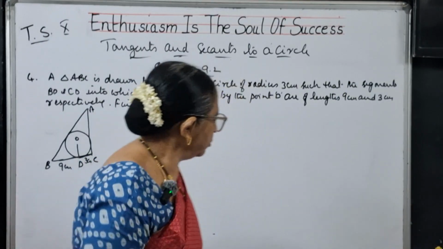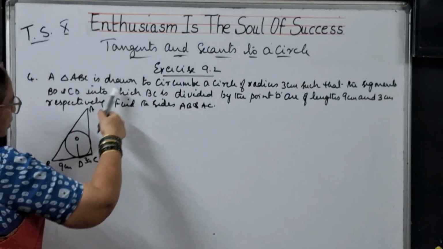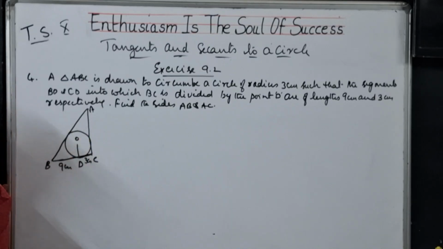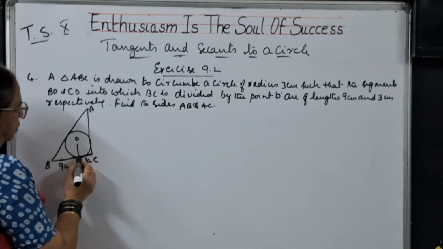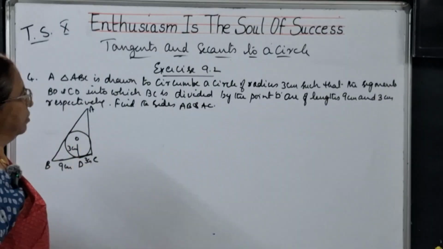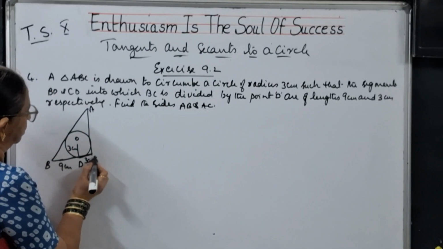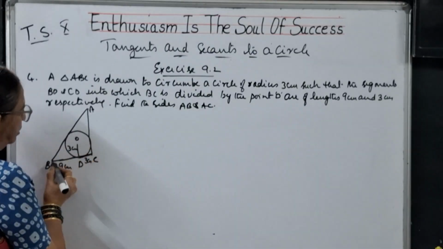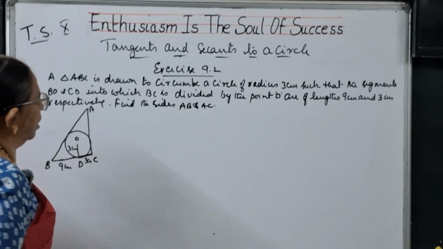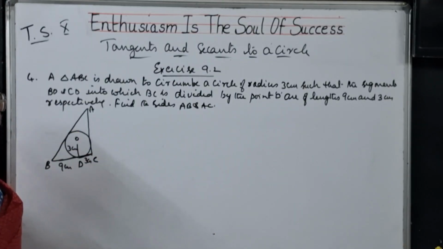Now let us see the fourth problem, children. Triangle ABC is drawn to circumscribe a circle of radius 3 centimeters, such that the segments BD and CD, into which BC is divided by the point D, are of length 9 centimeters and 3 centimeters respectively.